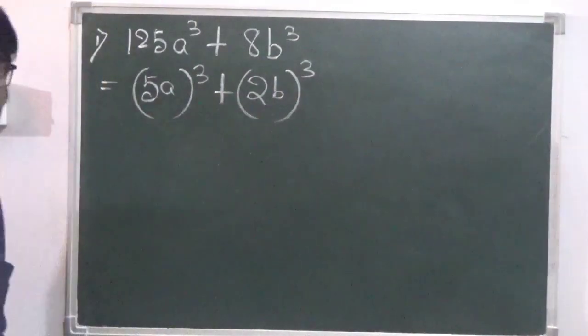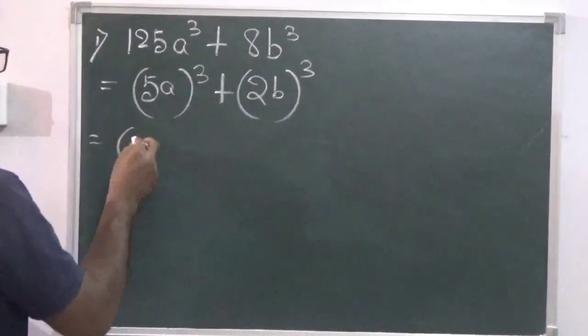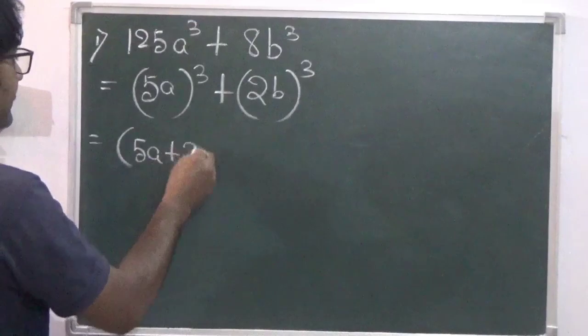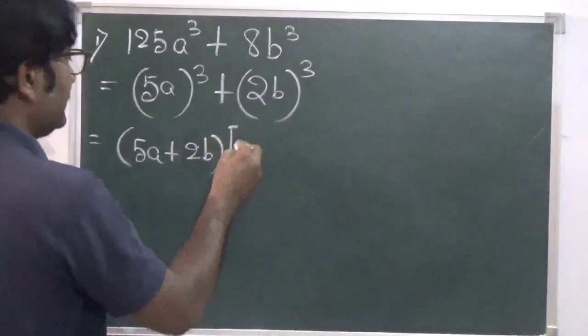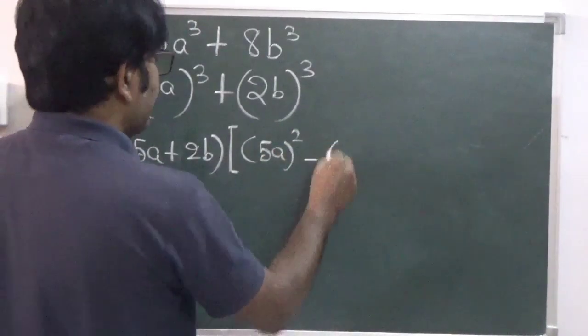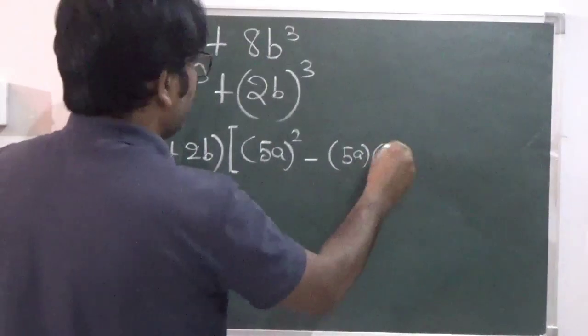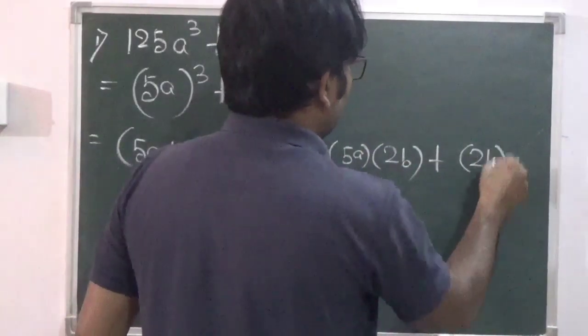So this is a cube plus b cube. Now we can write it as a cube plus b cube is a plus b, that is 5a plus 2b, into a square, that is 5a square, minus ab, that is 5a into 2b, plus b square, that is 2b square.